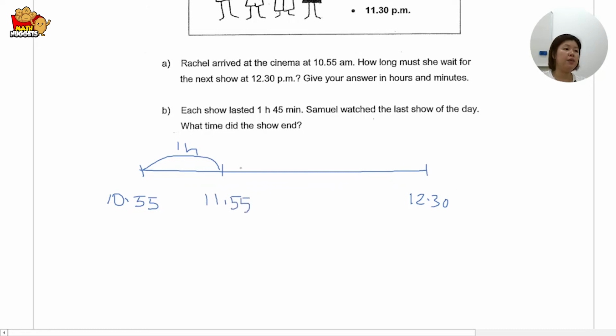But I think we can't go for an hour, so let's go for 5 minutes. It will be 12 p.m., just nice. And from 12 p.m. to 12:30 is 30 minutes.